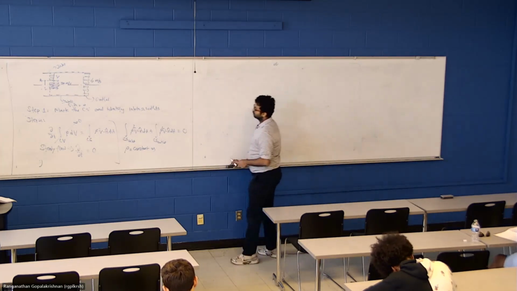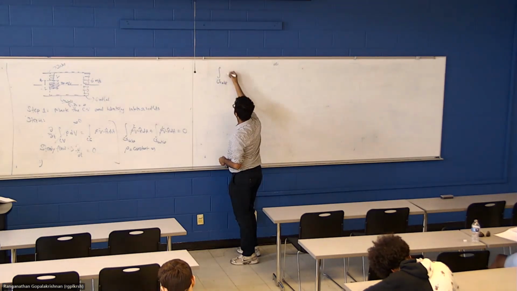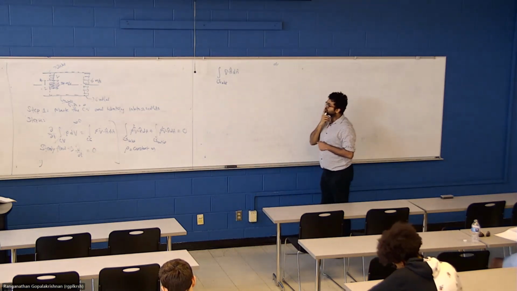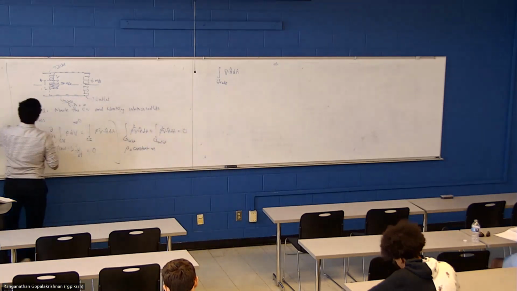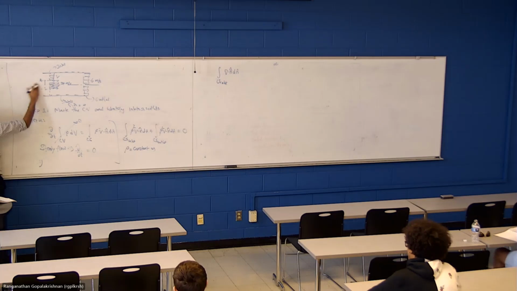Okay, so integral control surface inlet V dot N dA. Look up please. This control surface inlet is actually having two zones.